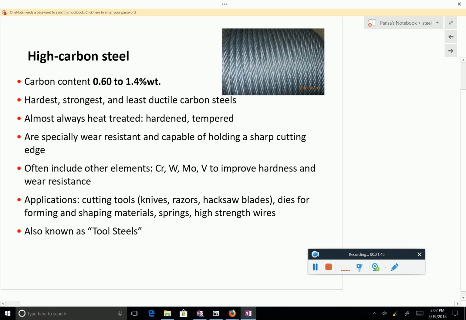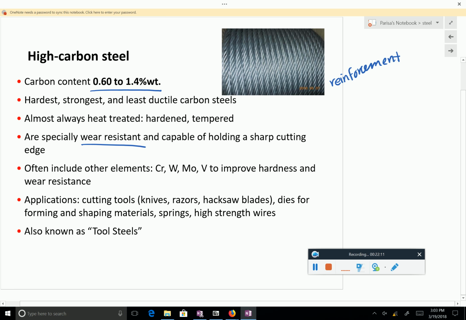So low carbon, medium carbon, high carbon. These have much less applications in civil engineering, but sometimes it's being used for reinforcement. The amount of carbon is much higher, and they are very wear resistant.